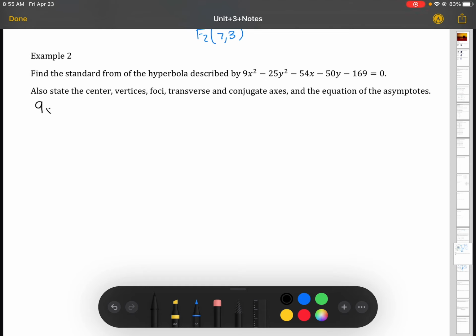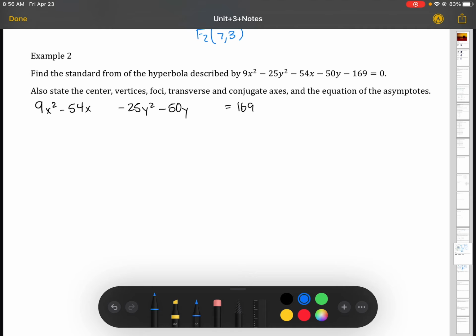We're going to have 9x squared minus 54x. And then we're going to have negative 25y squared minus 50y. And we're going to move that 169 to the other side. So immediately we know our hyperbola opens left and right because the x is positive.